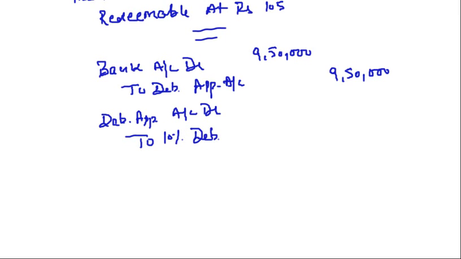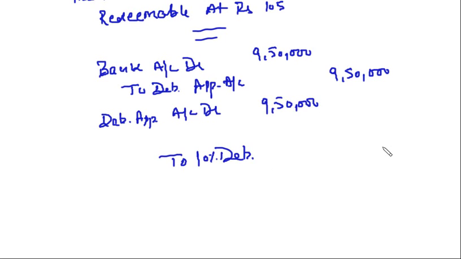Sorry, here we have to take discount also, right? In this we have 9,50,000 to 10% debentures. We will take the face value, and the remaining is discount on issue.